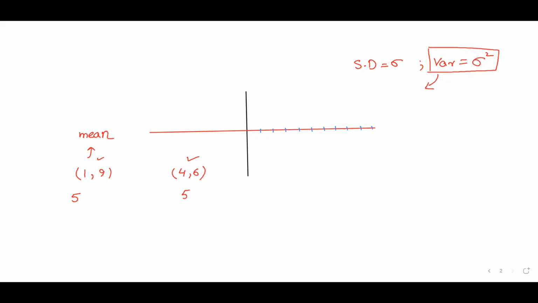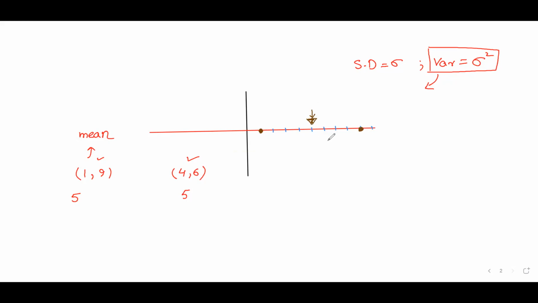So my mean is 1, 2, 3, 4, 5. This point is my mean value in here. And my one point is this one, and the other point is 9, in here, right?